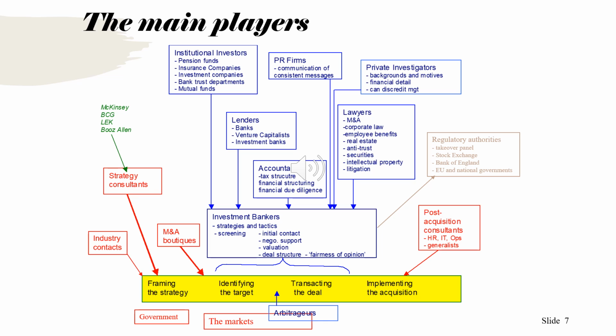If we look first of all at the framing of the strategy, industry contacts are going to be important, letting you know perhaps potential deals and so forth. You might draw on strategy consultants, companies like McKinsey, the Boston Consulting Group, LEK, Booz Allen, and so on, to give you some strategic advice around growth and acquisitions in general.